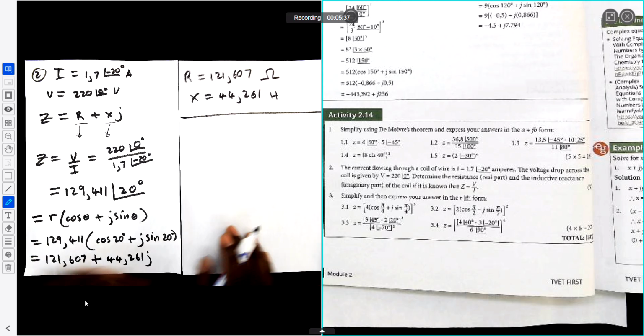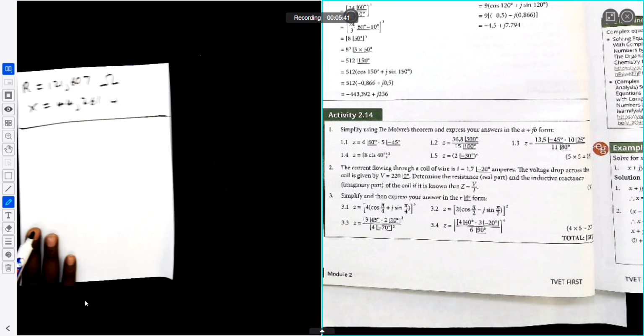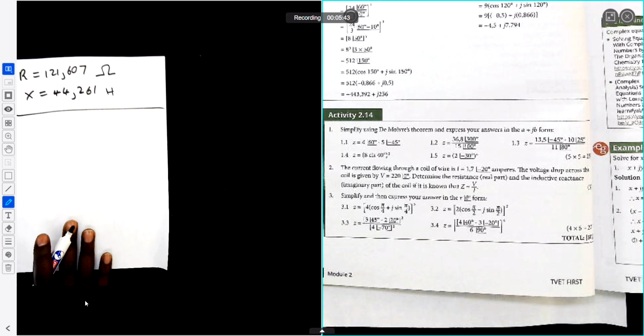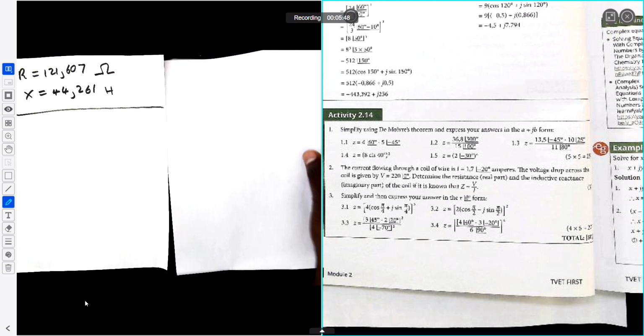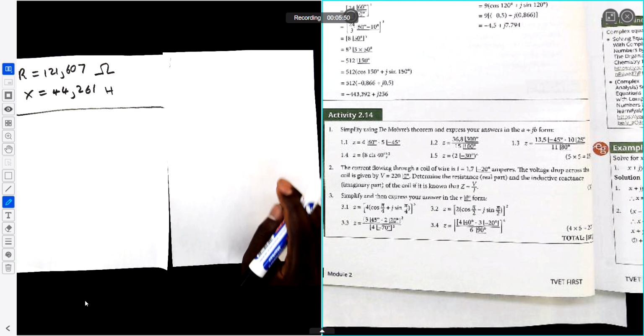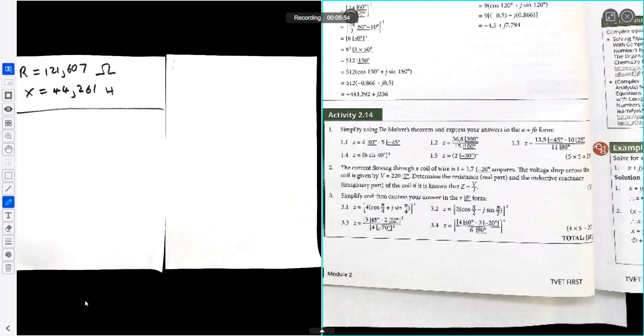The second part that I want to add, using the same book, the same activity. Let's see which one we can take.